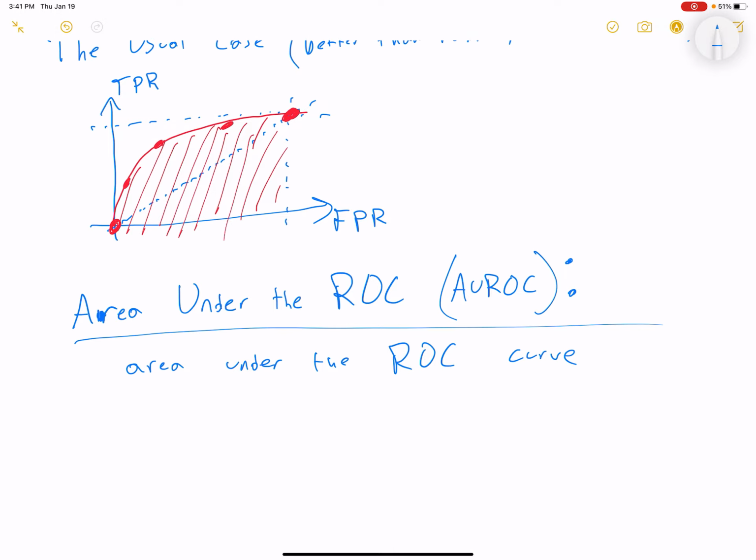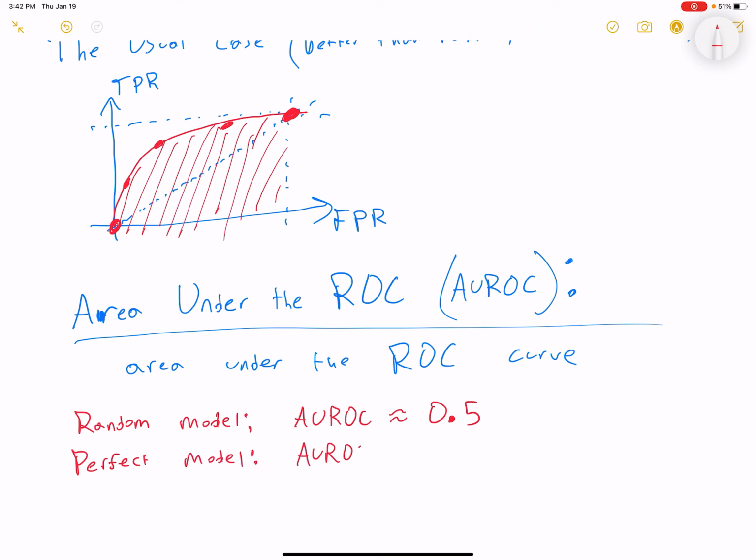So for a random model, random guesses, that is, the AUROC will be approximately 0.5. For a perfect model, the AUROC is, well, it's going to be exactly 1. In practice, nothing's exact, but we'll just go with exact.